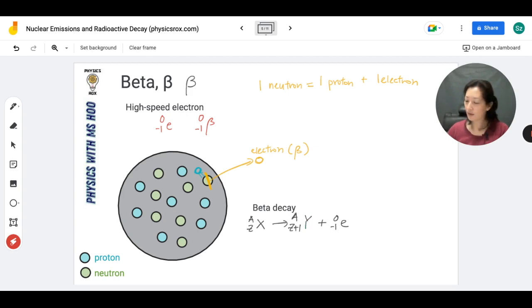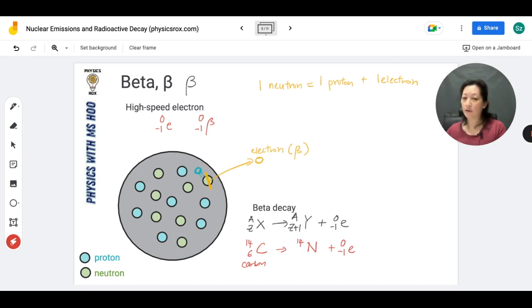To give you a real-life example of a beta source, carbon-14 is a beta source. So I'm going to write here 14,6 carbon. Carbon-14 will throw out a beta particle to form nitrogen. The number of nucleons for nitrogen will be 14.